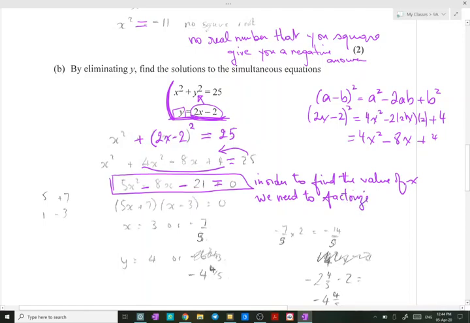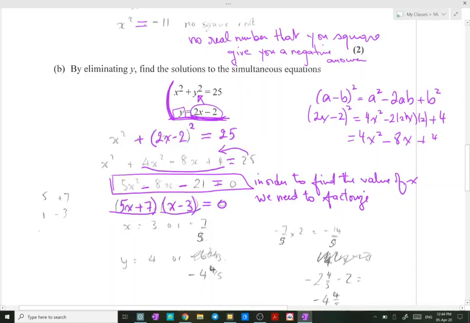So factorizing, we will get 5x plus 7 into x minus 3, which is equal to 0.